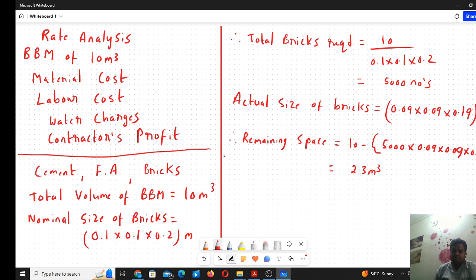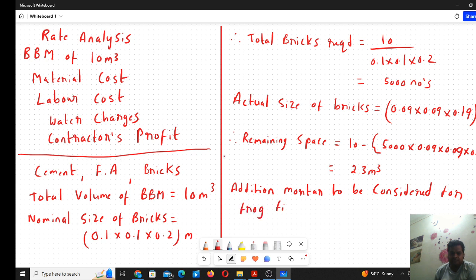Now whenever you are considering mortar, you need to consider additional mortar for frog filling, bonding and wastages, which is equal to 15%.